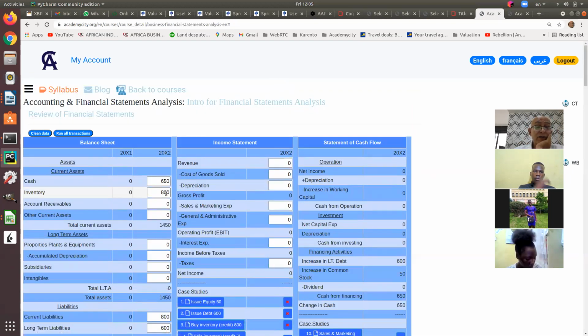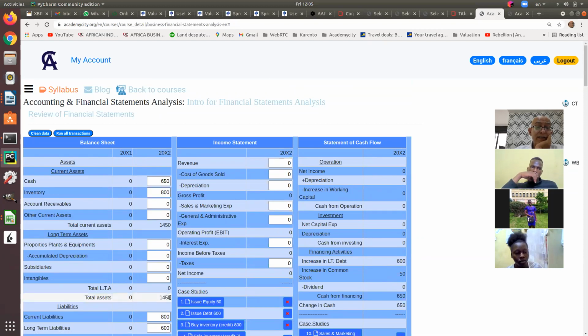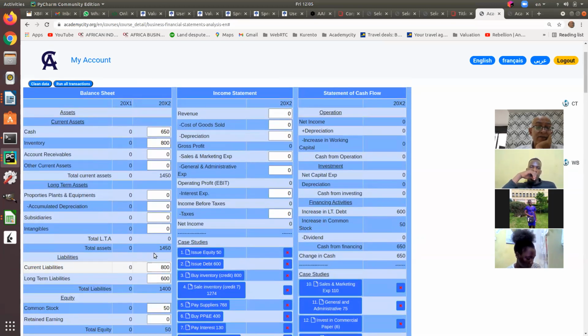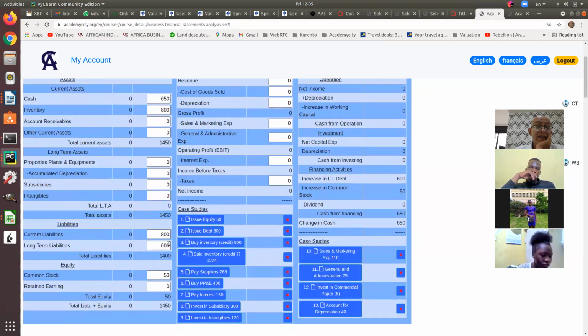We have more assets, so our total assets go up by another 800. Total assets is 1450, but now we owe the supplier 800. So our total liability goes up by 800.